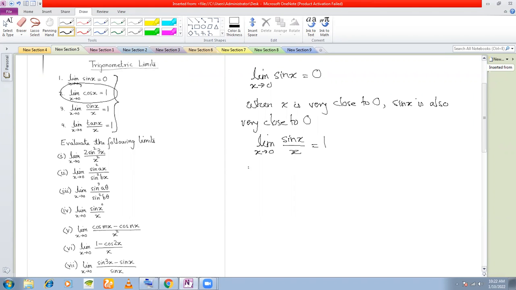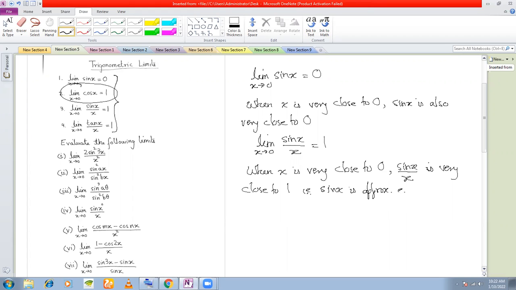It means that when x is very close to 0, sin x by x is very close to 1, right? That means sin x is approximately equal to x. Clear with this?